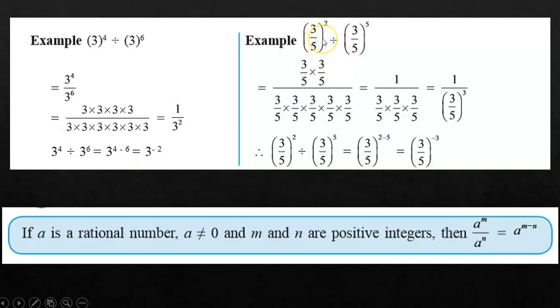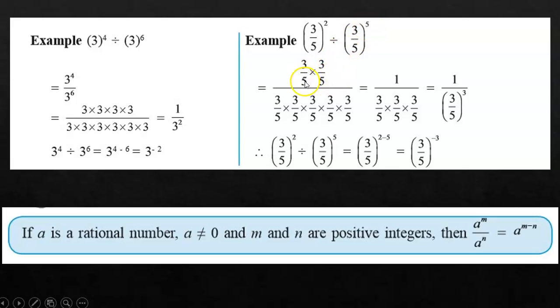Next example, 3 upon 5. Now this is my a. In this case, my a is a fraction. What is that fraction? 3 upon 5. And this is my m, divided by 3 upon 5 raised to, this is my n.